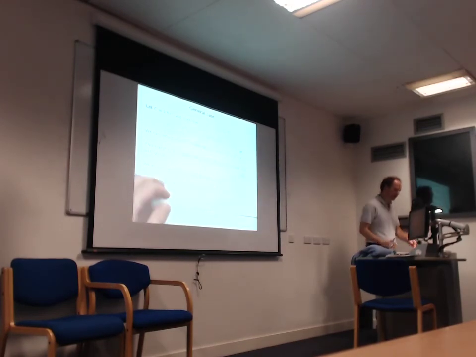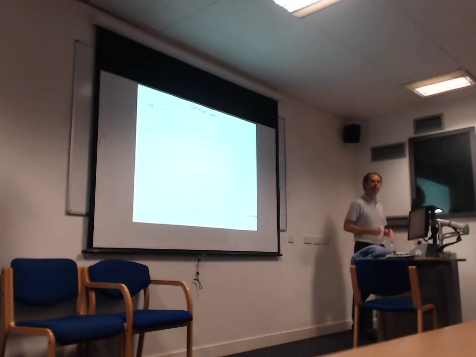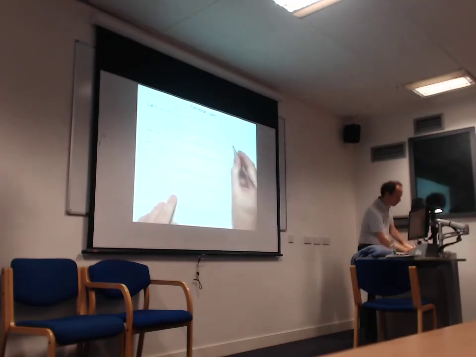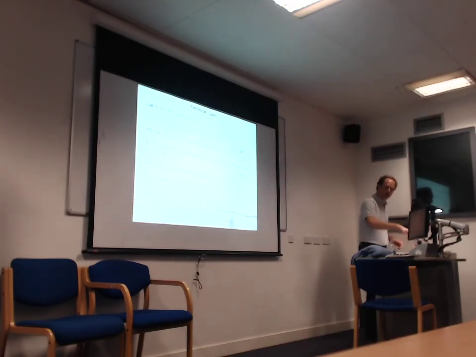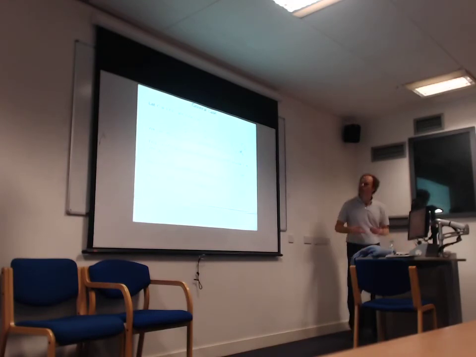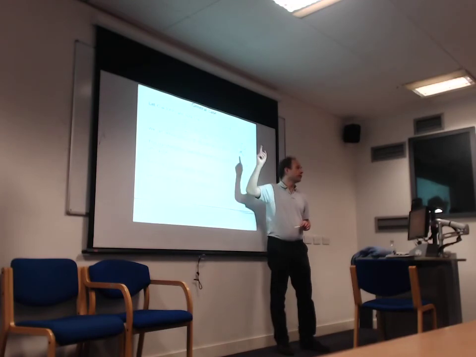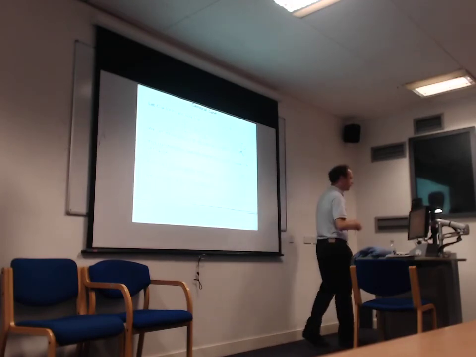Rather than maximizing over Q, we maximize over this Q tilde, which is V transpose Q. Here I've written it component-wise. And now in this new variable, the problem is like the previous one, the diagonal case.